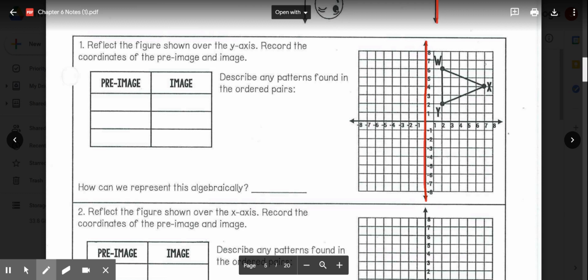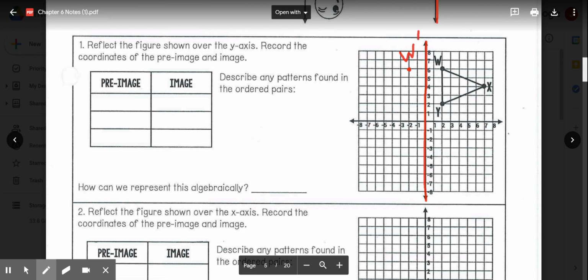That means each point is going to be the same distance from that line of reflection. So when I reflect W over that line, it needs to be the same distance away, but on the opposite side. So we can see that W here is 2 units to the right of that line of reflection. That means its image, W prime, is going to be 2 units to the left of that line of reflection.